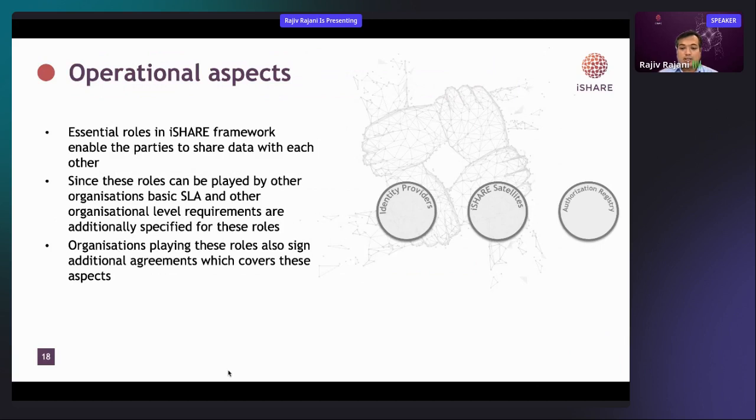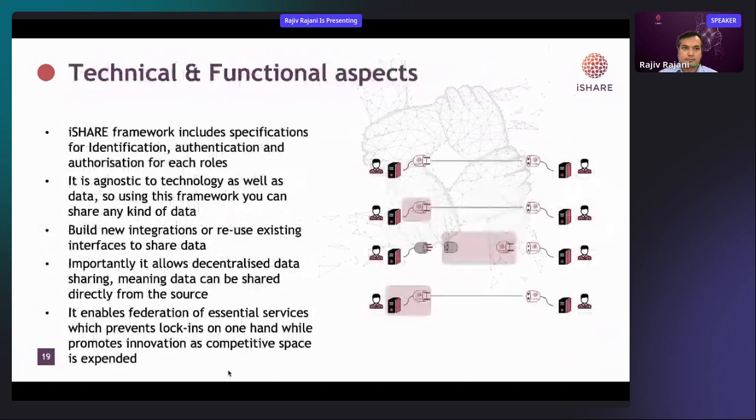And these organizations which play these roles also have additional agreements which they need to sign apart from the basic terms of use and accession agreement under the framework. These agreements basically cover the operational requirements and other additional requirements, more on the technical and functional aspects.